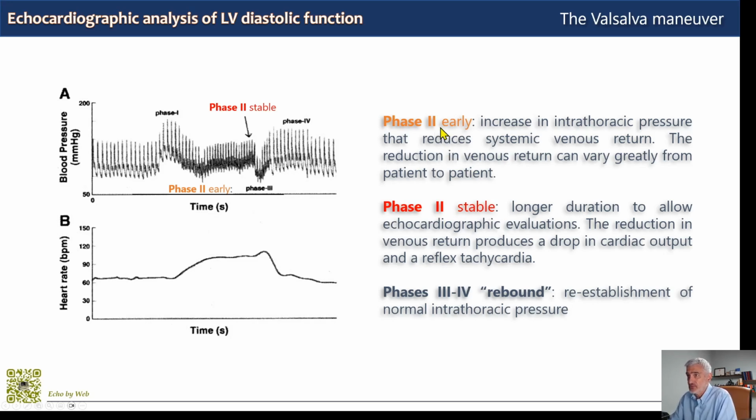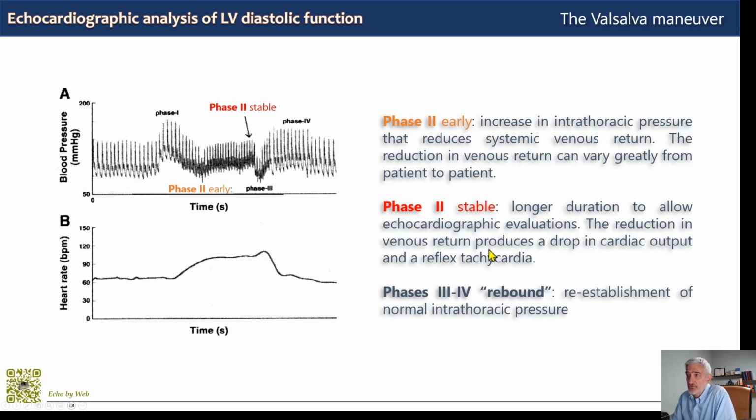In early phase 2, there is an increase in intrathoracic pressure, which reduces systemic venous return. The reduction in venous return can vary greatly from patient to patient and how the maneuver is performed. The stable phase is longer, and here we can do the echocardiographic evaluation because it's stable.